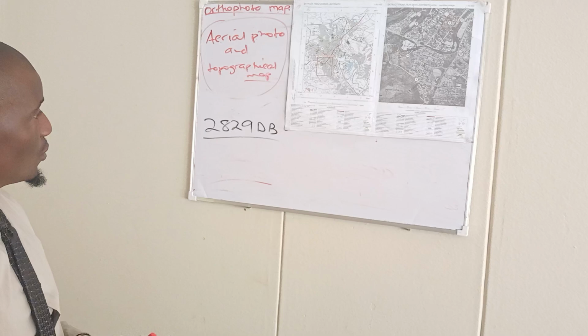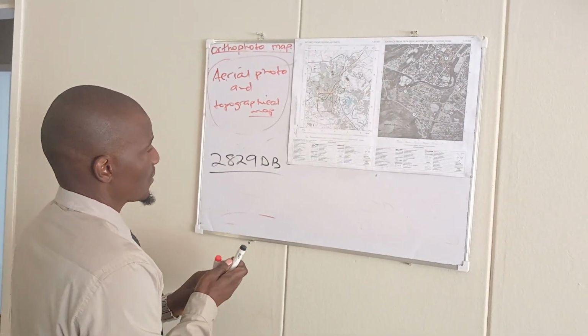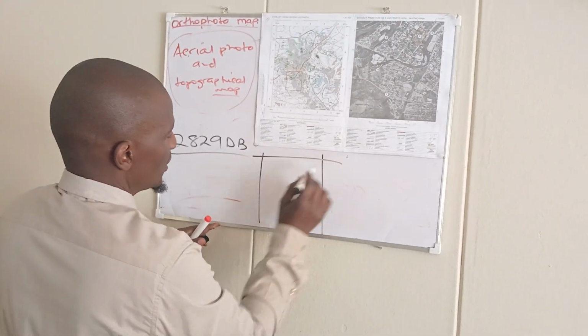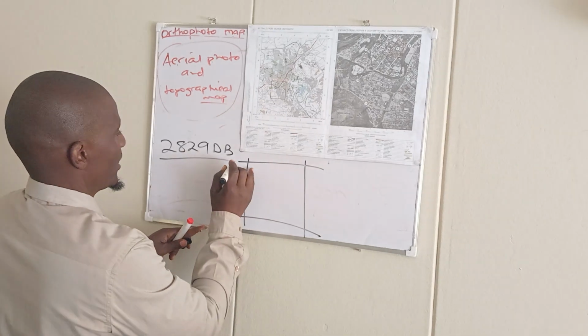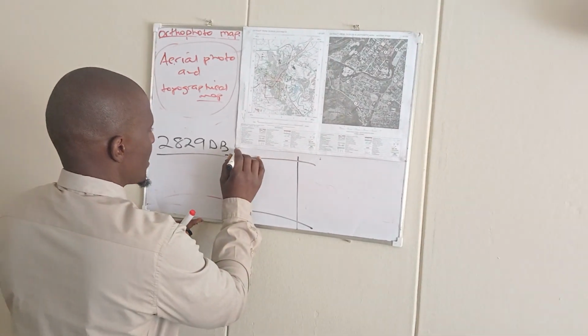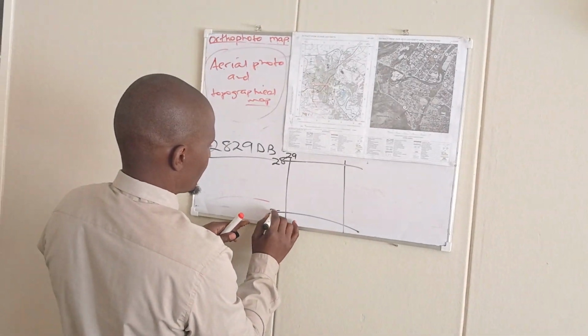So when it comes to maps in South Africa, this is your grid. The grid size, this is 28, this is 29 here, and I'm going to put this one as 30.